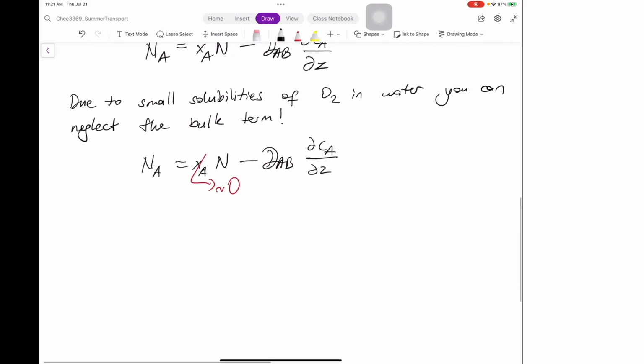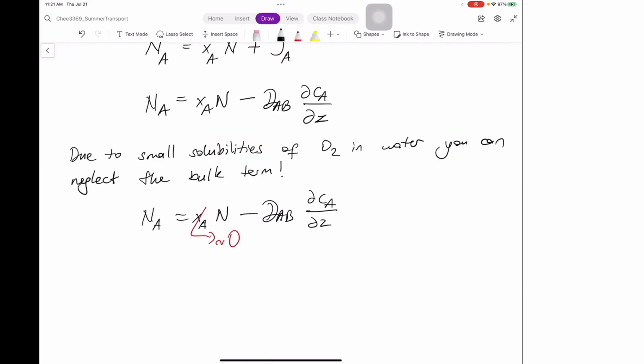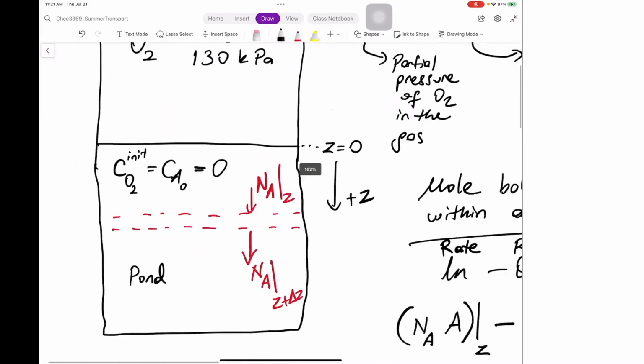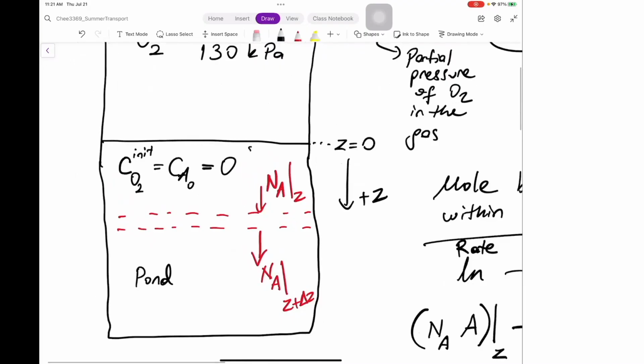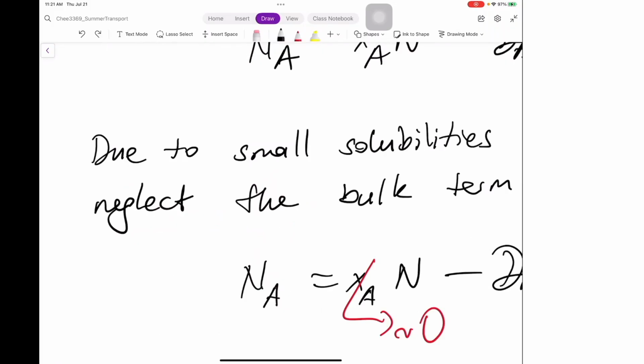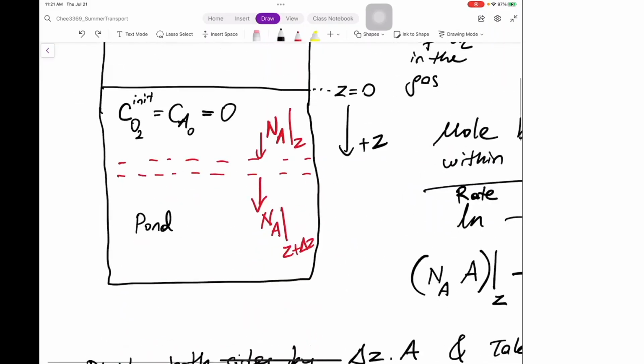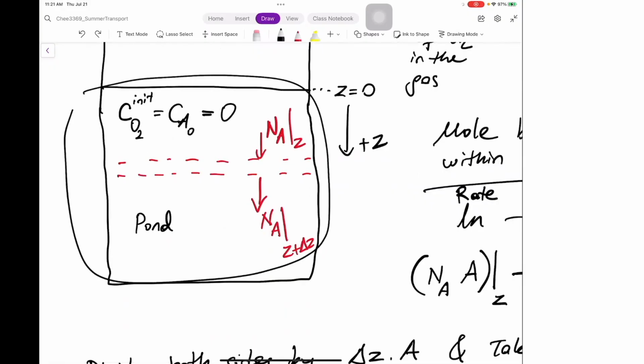Now the reason for this is because when you think about this pond, right? The oxygen is dissolving and diffusing into the water, but it's going so slowly that the entire pond looks stationary.